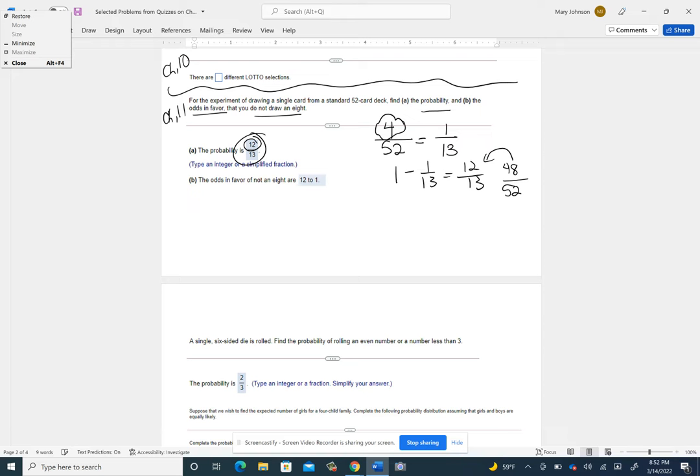What you do for odds is you say odds in favor of not drawing an 8 would be 12 to 1. So probability is 12 out of 13, and odds would be 12 to 1 in favor that you would get something that's not an 8.